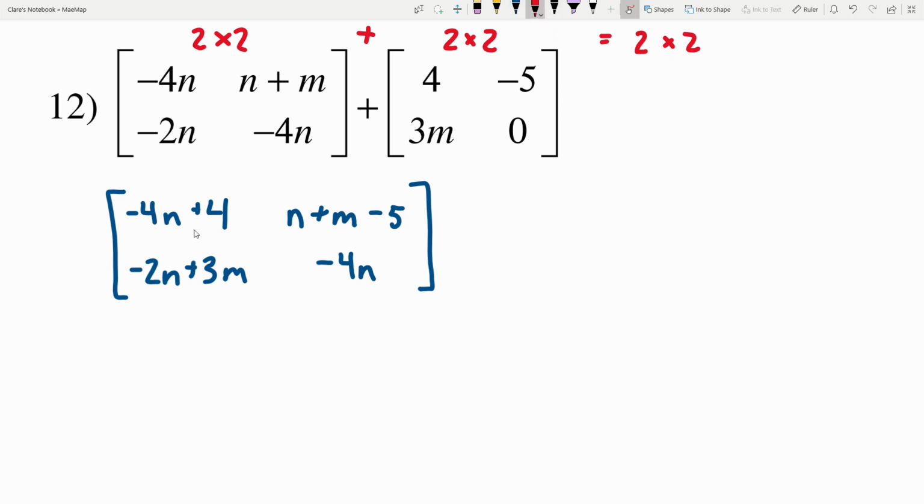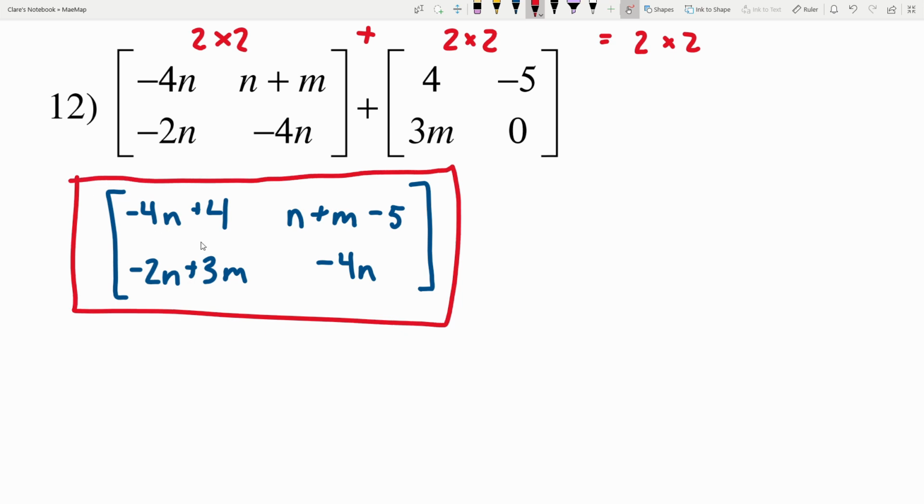Negative 4n plus 4, n plus m minus 5 as my first row, and then negative 2n plus 3m, and then negative 4n. That was reading by rows. Reading by columns, negative 4n plus 4, negative 2n plus 3m, n plus m minus 5, negative 4n.